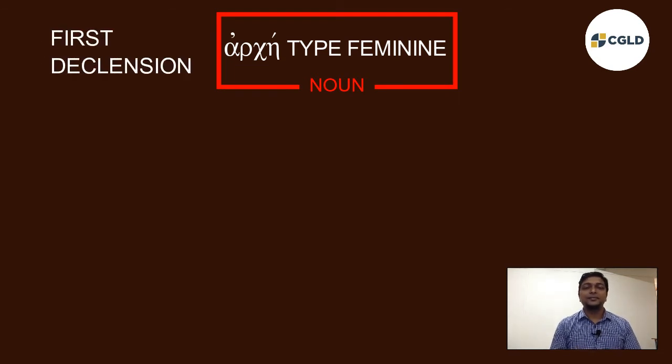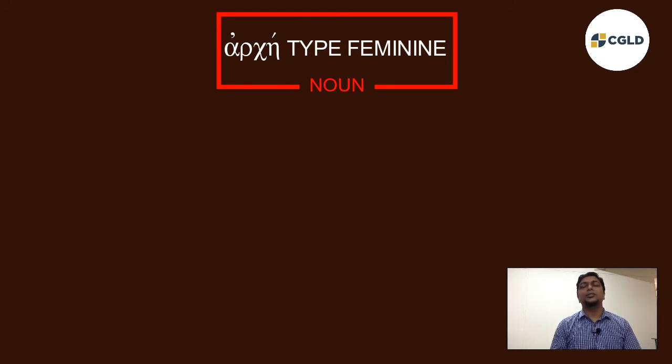Did you notice that? In masculine and neuter, we began with the second declension masculine and second declension neuter. But when we begin with the feminine type, we begin with the first declension feminine noun, which is known as the archetype feminine noun.